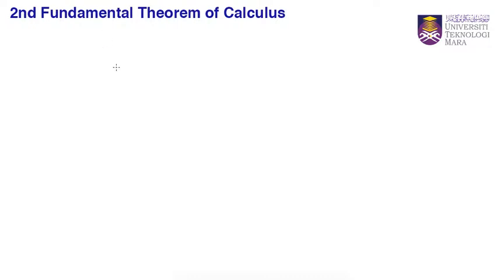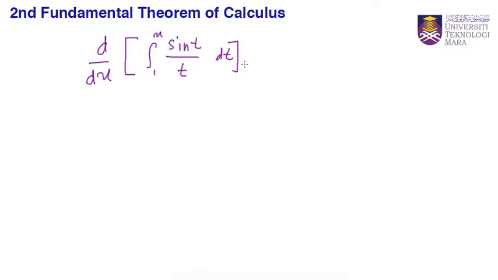Alright, now let's look at one more example. I'm going to show you. Let's look at this example. So you want to differentiate this integration by using the second fundamental theorem of calculus. Alright, first you have to identify what is our f(t). So our f(t) is sine t over t.